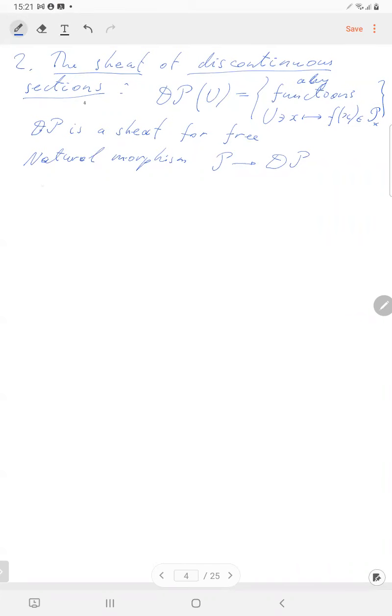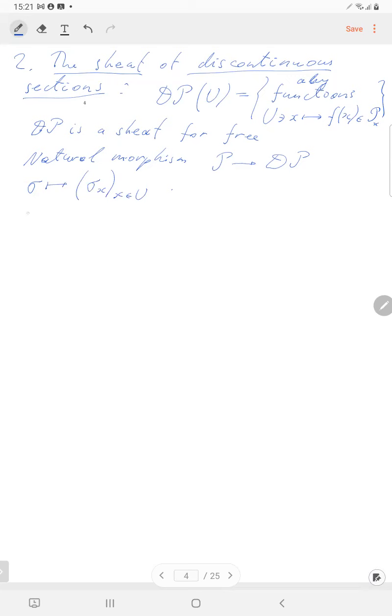So sigma goes to the collection sigma_x, x in U. Excuse me, and P is an arbitrary presheaf? Yes, P is an arbitrary presheaf.